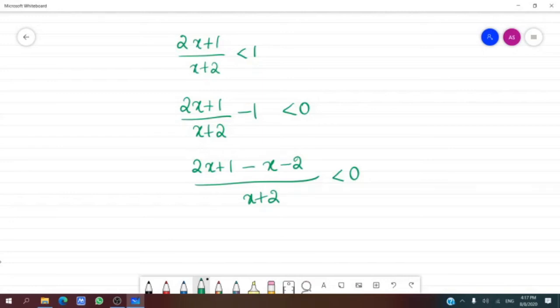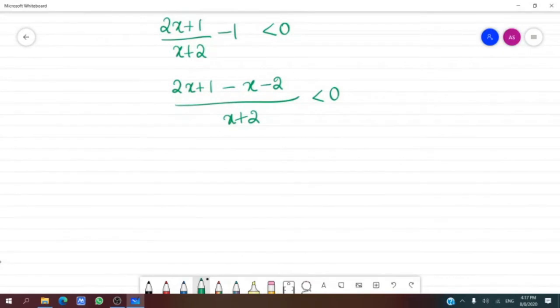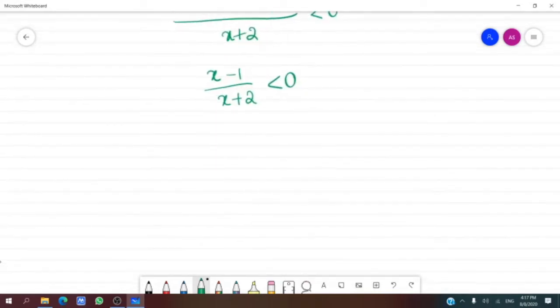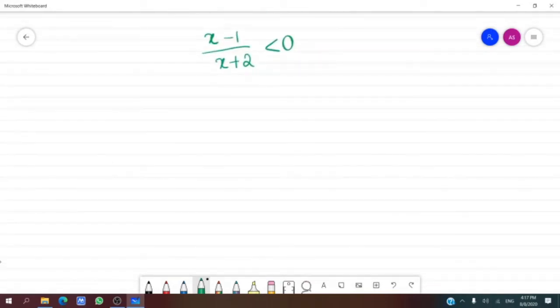This is the difference of these rational functions. This is simplify 2x minus x is x minus 1. So this is negative. Division is actually defined as the product, means multiplication with the reciprocal. So this is nothing but x minus 1 into 1 by x plus 2.